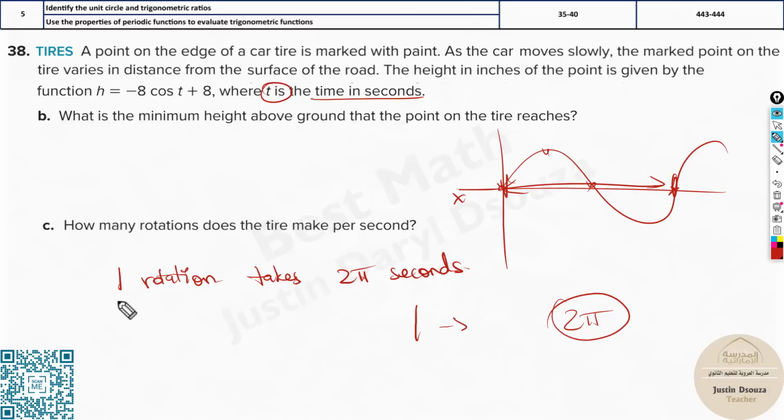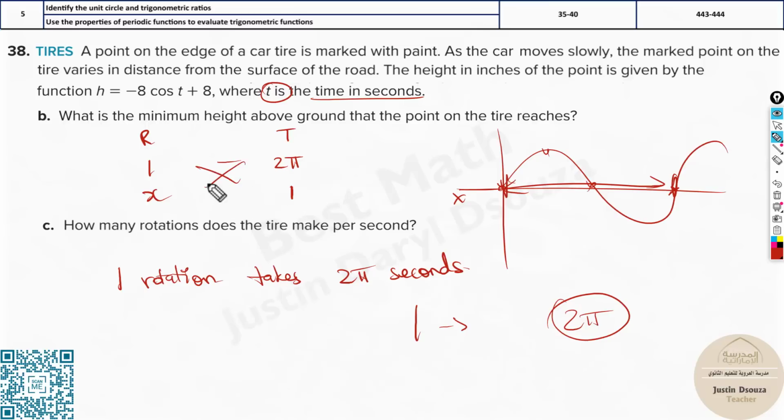Now they don't want how much time it takes for one rotation. They want how many rotations the tire makes per second. So now I know the rotation and the time, right? For one rotation it takes 2 pi seconds. How many rotations does it take for 1 second? I want the time as 1 second. How would you solve this?